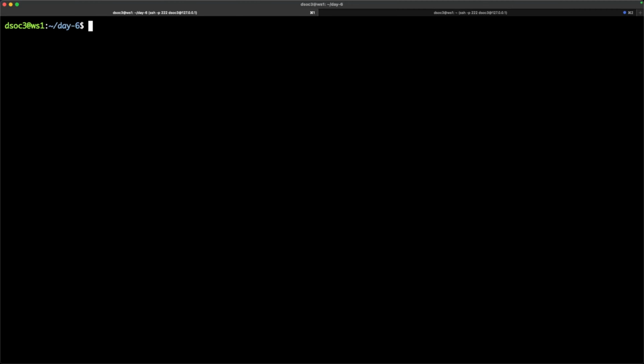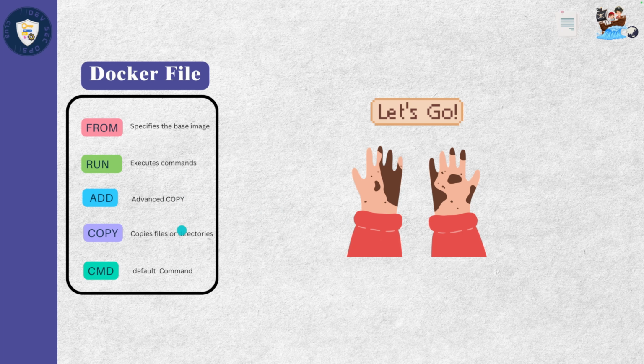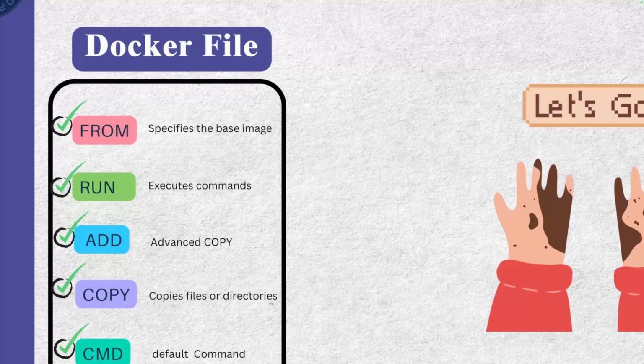So let's summarize what we have learned today. The main focus was on the FROM instruction, which specifies which base image you want to use. There is the RUN instruction, to execute any command you want.